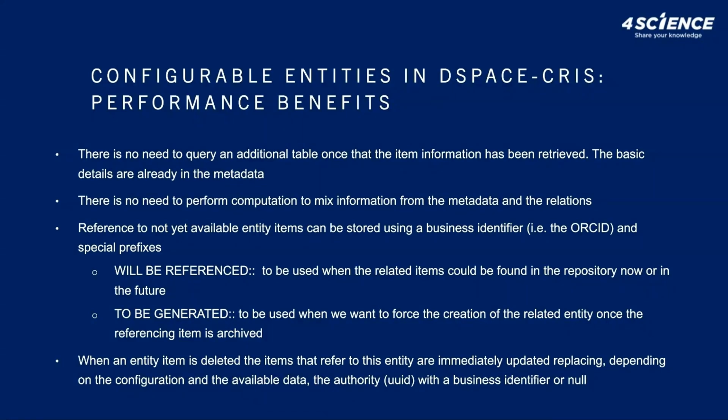Each time that you retrieve an item, you are required to retrieve all of the information from the metadata table. But in a normal DSpace, you're also required to check the relation table to verify if there are any relations between this item and other items.